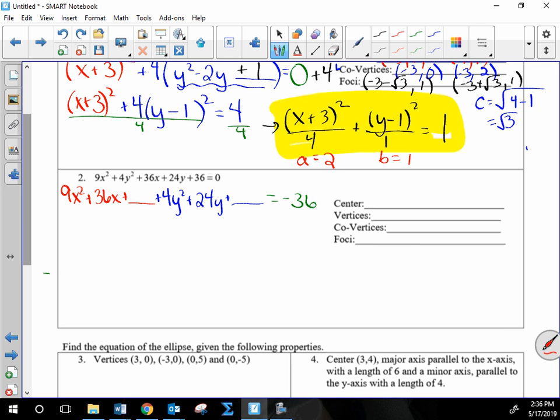What can I factor out of my x's? 9. I just want that GCF of my coefficients. So I've got x squared plus 4x plus. Let's go and take care of our y's as well. What do I factor out of my y's? 4y squared plus 6y plus.